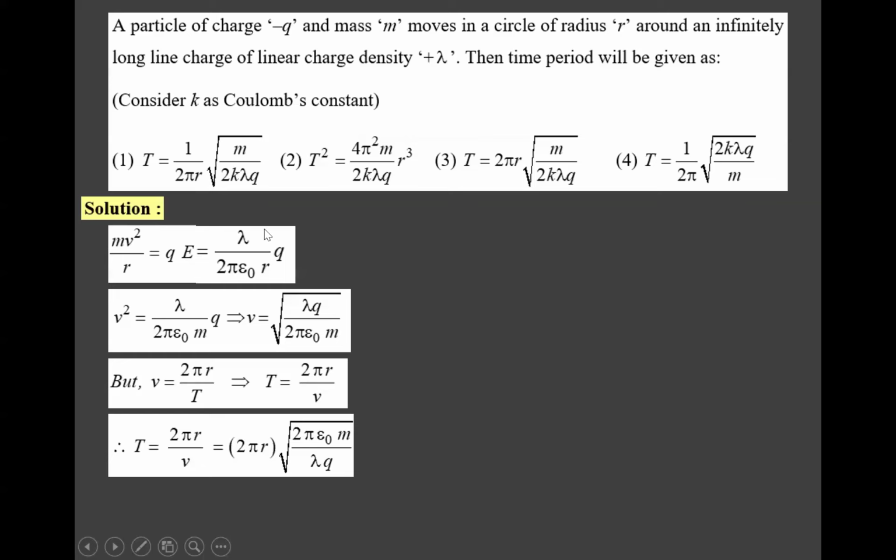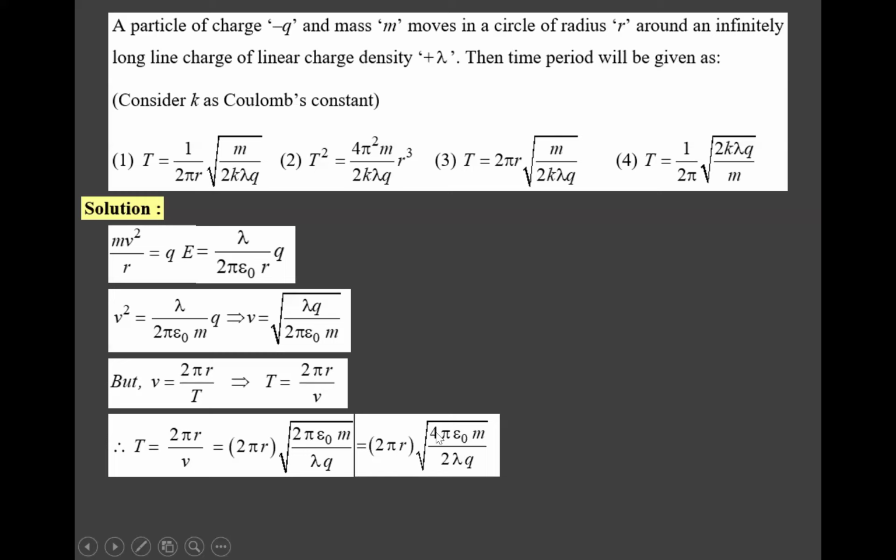But see here, in the options the Coulomb constant k is introduced, and k is 1 upon 4 pi epsilon 0. So here we have to introduce 1 upon 4 pi epsilon 0. So rewrite this one: 2 pi r into under root, now multiply and divide by 2.